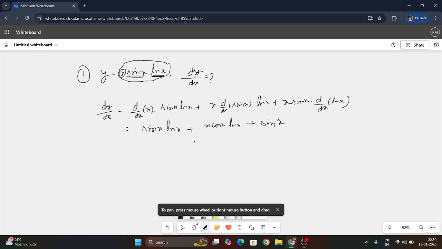Now let's talk about another problem. The second problem is: y is given, that is root of (1 minus x) by (1 plus x), and you have to prove that (1 minus x square) dy by dx plus y equals 0.